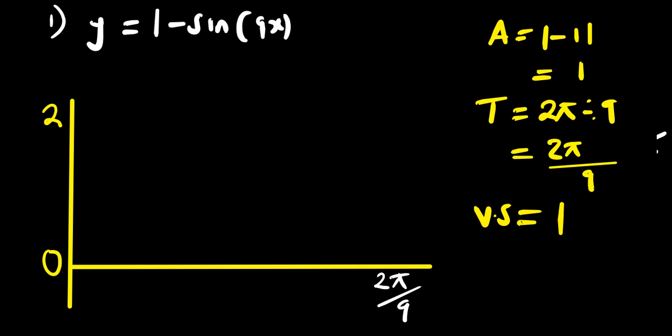Then the half of 2 pi over 9, 2 pi over 9 multiplied by half, I'm just going to have 2 pi over 18 as the middle.